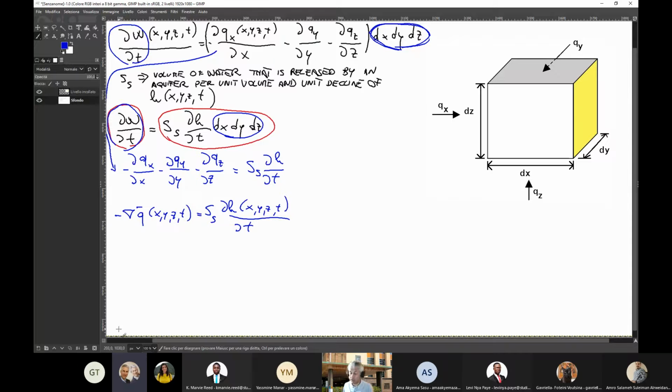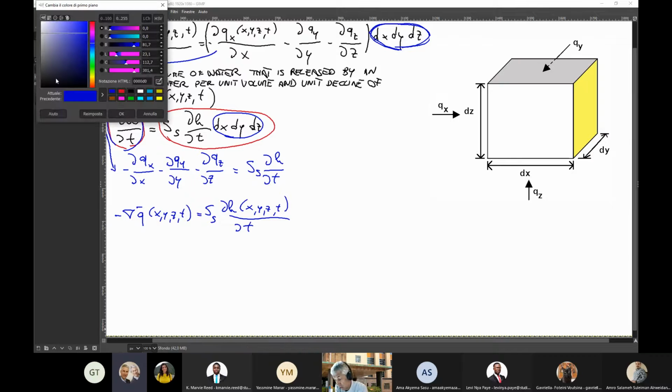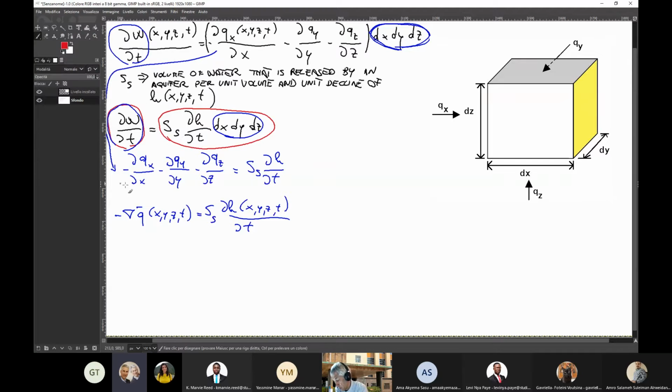So remember what is the divergence? The divergence of the vector Q is what you can see here. So if you have the 3 components of the vector Q, Qx, Qy, Qz, and you derive each of them with respect to the related spatial direction, then you can say that this is the divergence.